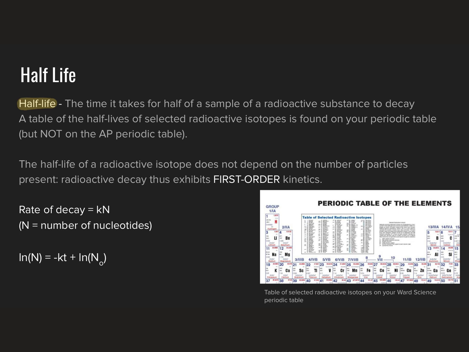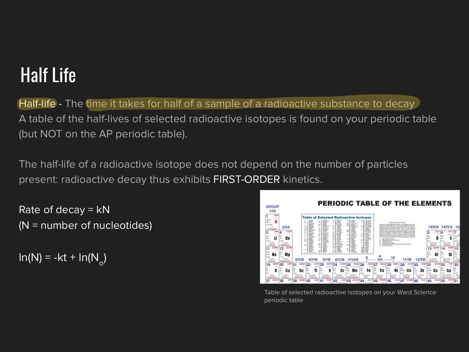The key idea to note here about the half-life of these nuclear isotopes is that the time it takes for half of a sample of a radioactive substance to decay is going to be a constant value for a particular isotope. That is to say, it doesn't change depending upon how much of the isotope is present.